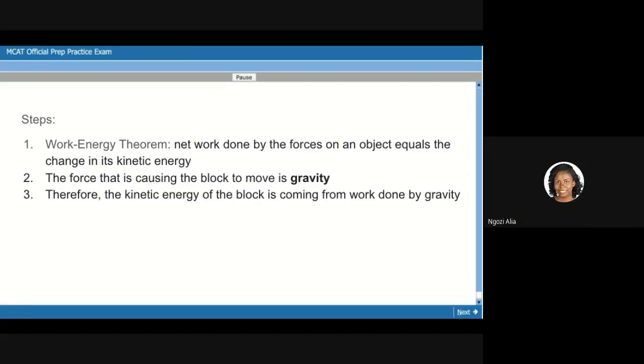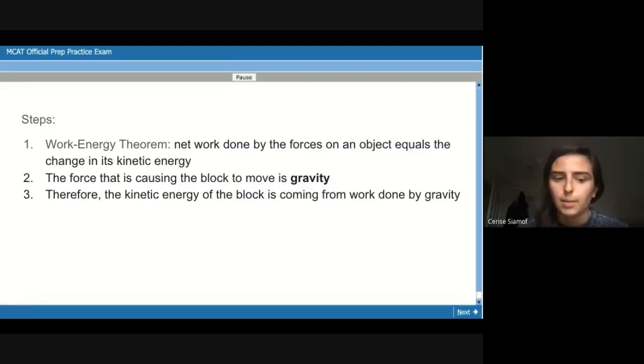So basically, like you said, the main idea is that work needs to be done in order to convert one form of energy to another. So you need that work, and that work is done by gravity in order to convert potential energy into kinetic energy? Yeah, because until a force acts on the block, it won't move, right? So it needs gravity to do work to make it move.